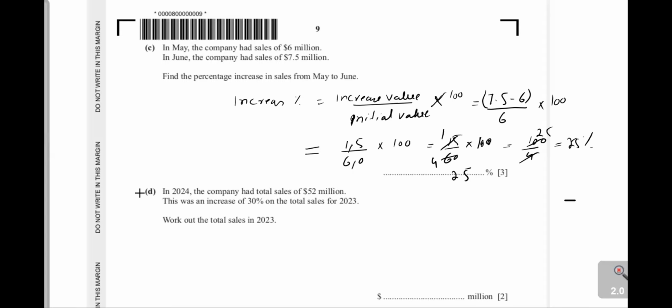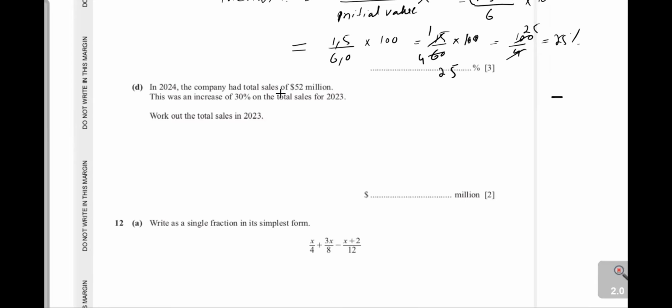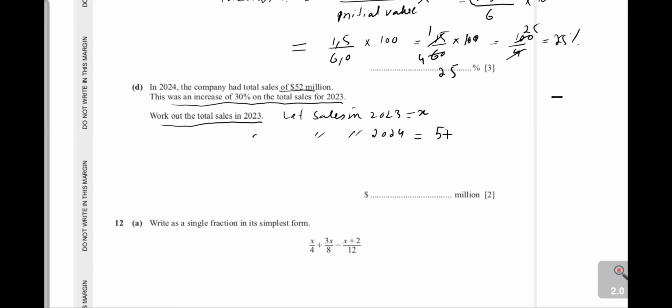Next, in 2024, the total sale was 52 million. This was increased 30% on total sale for 2023. Work out the sale in 2023. Suppose the sales in 2023 equal X, and the sale in 2024 is equal to 52 million, and this is the 30% increase of 2023 sale.